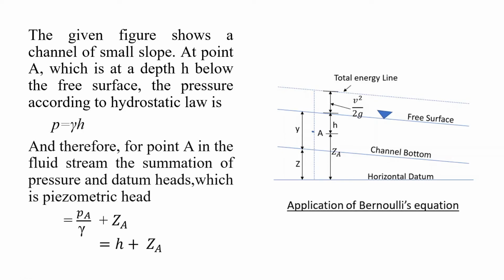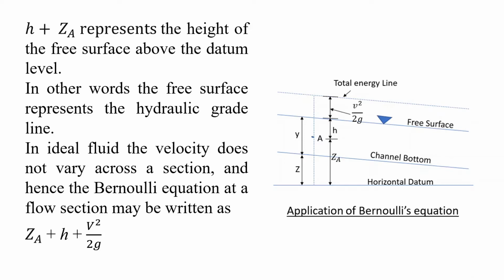Now H plus ZA represents the height of the free surface above the datum level. So the free surface will be the hydraulic grade line.